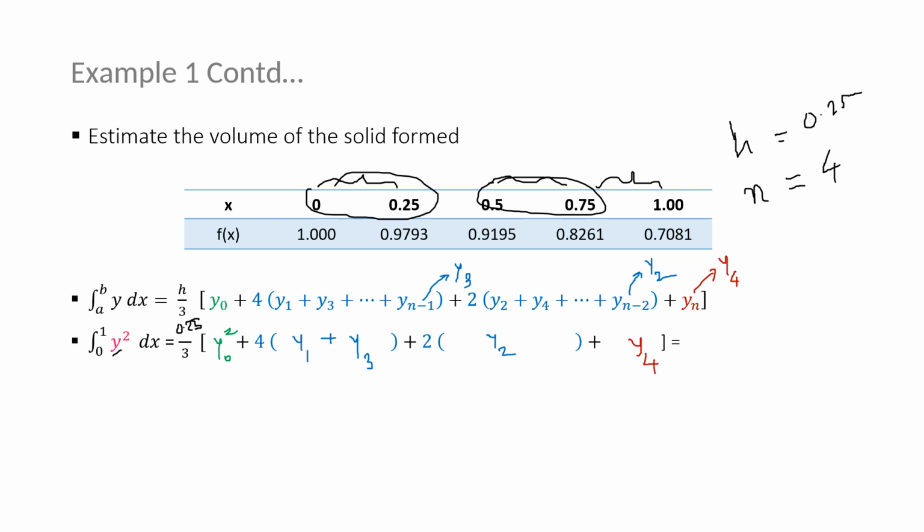Okay, so let us actually substitute the values and find out the answer of the integration. So let me erase the data. We don't want this. Okay. So y0 is 1. Then the first blue colored bracket has two terms, y1 plus y3.